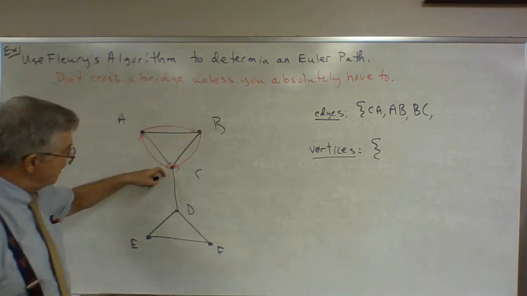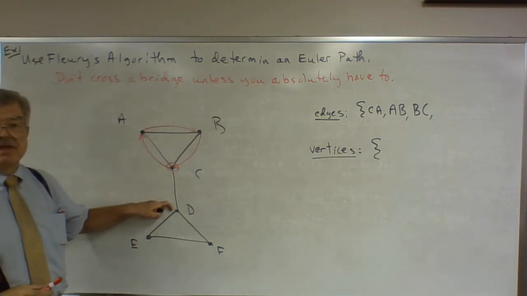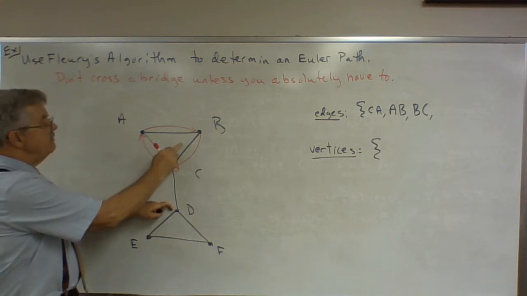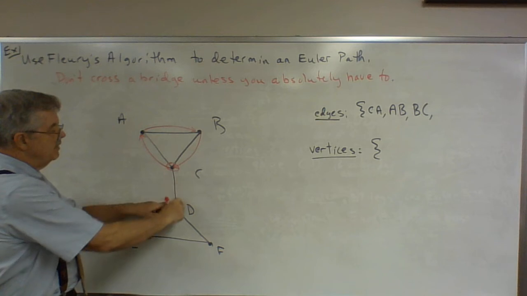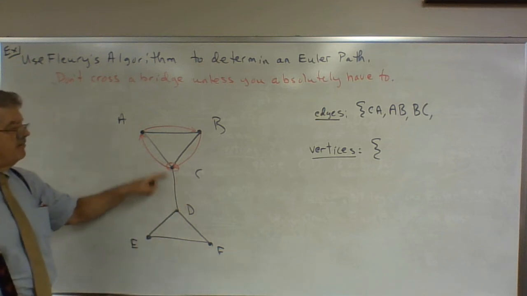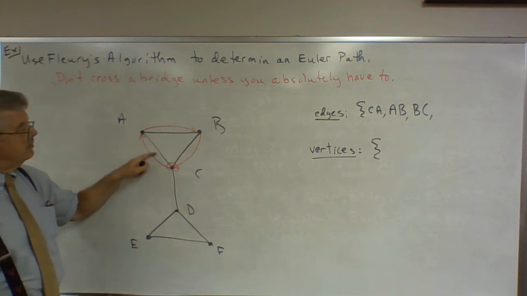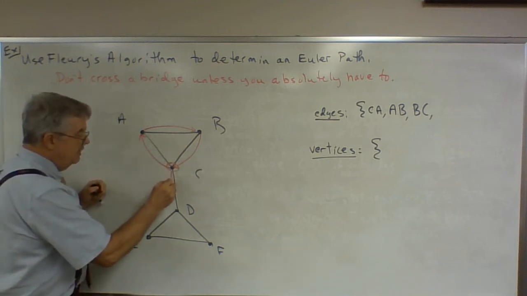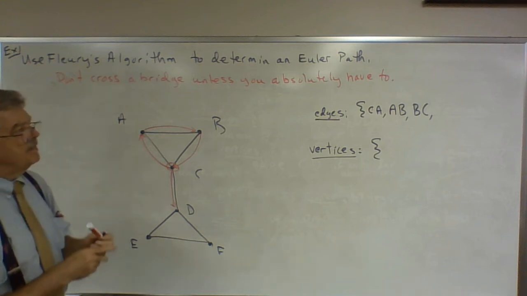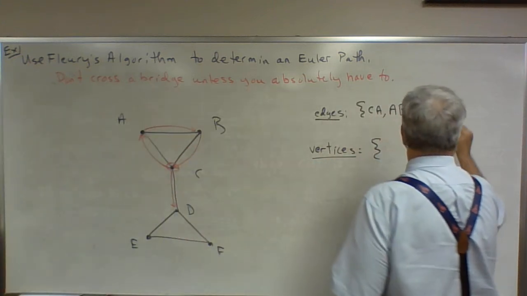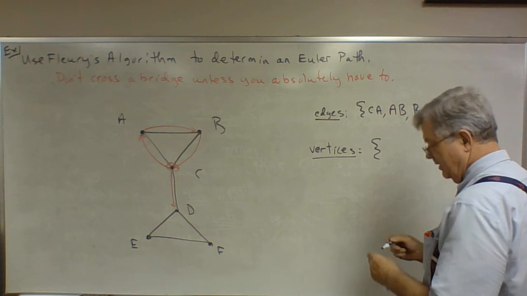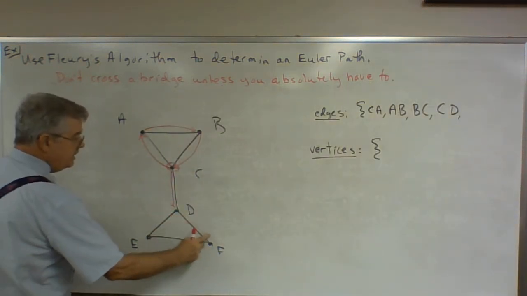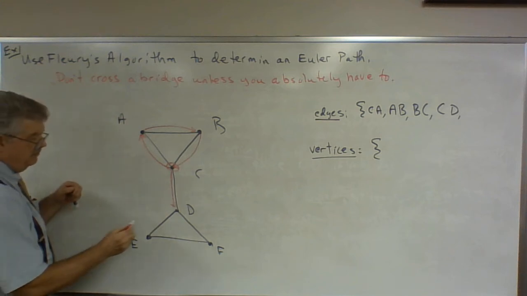And now we have to cross the bridge. But that's okay because we've covered every edge up here. Once we cross the bridge from C to D, we don't ever have to come back here because we've got all the edges covered. So then we go from C to D. And we can either go from D to E or D to F, and it won't matter which one we choose.